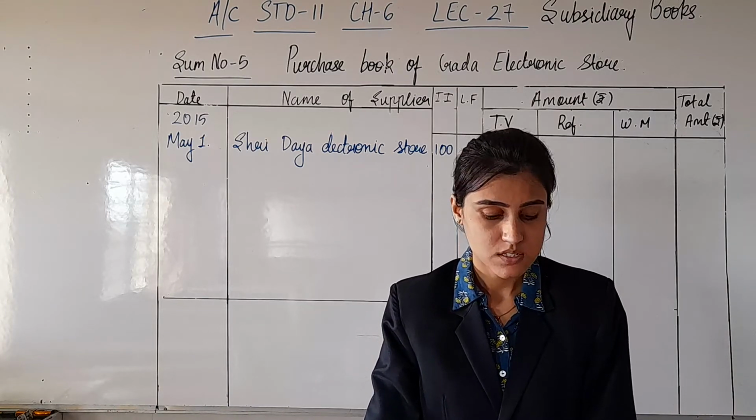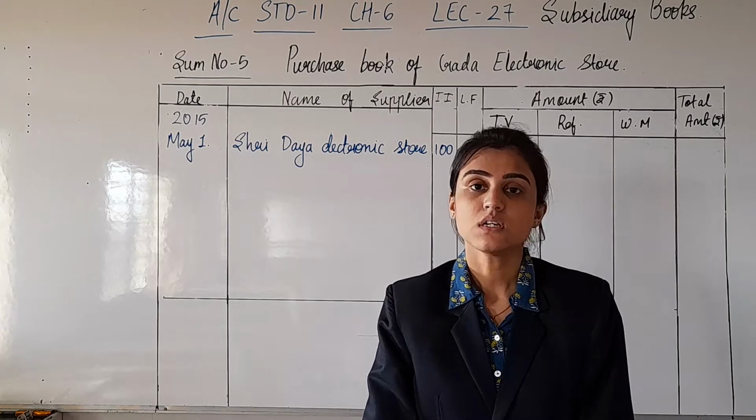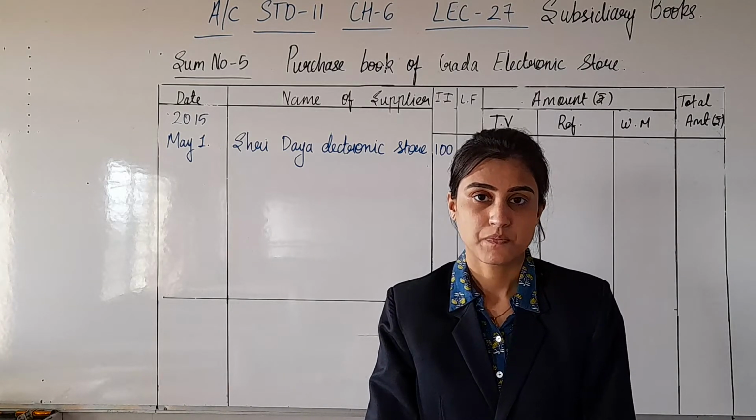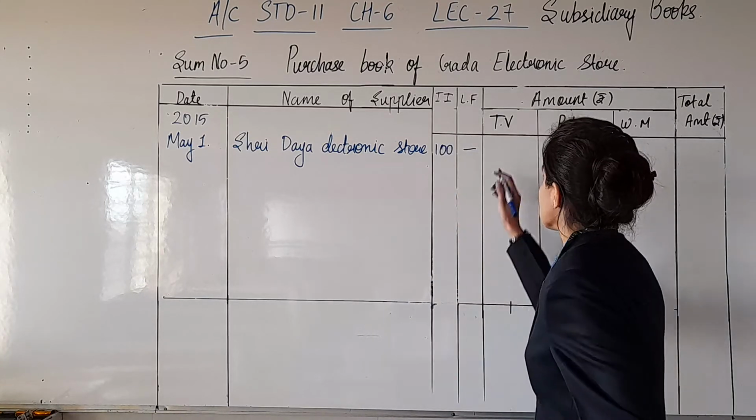And the amount for TV sets: 10 TV sets at rupees 30,000 each. So 30,000 into 10, just add a 0. It is 3 lakh rupees. So 3 lakh here.